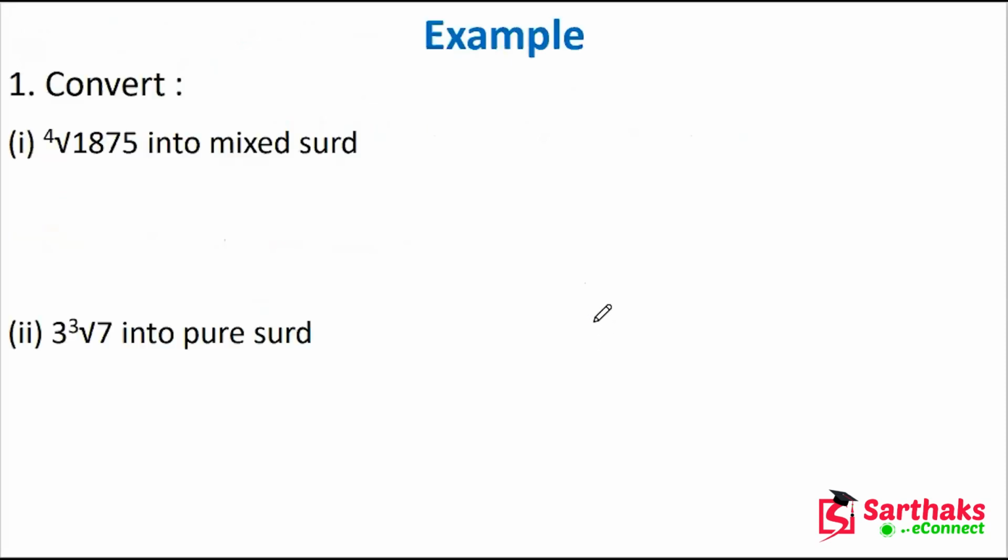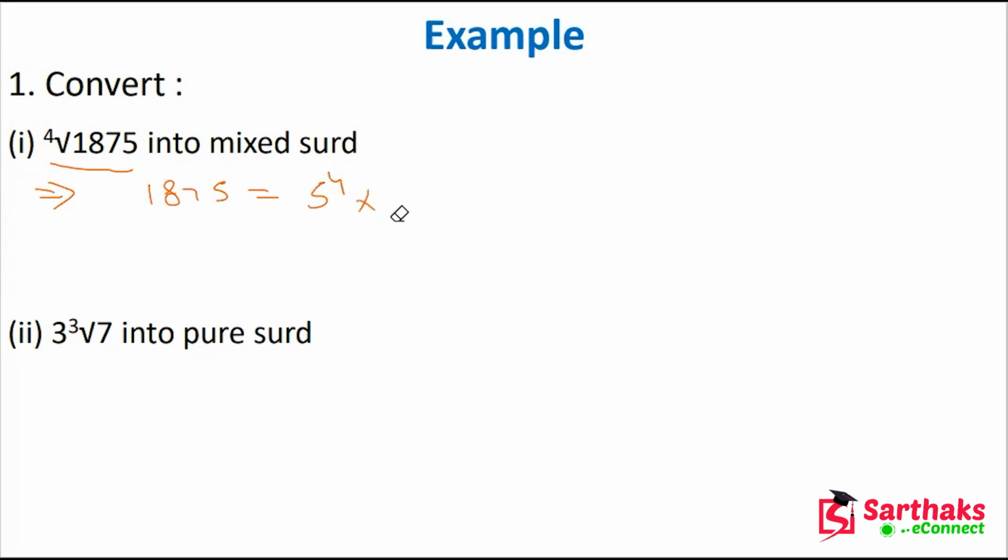Now we have some examples. This number we have to convert into a mixed surd. How can we convert it? We have 1875. If we do the factors, we get 5 raised to power 4 into 3.